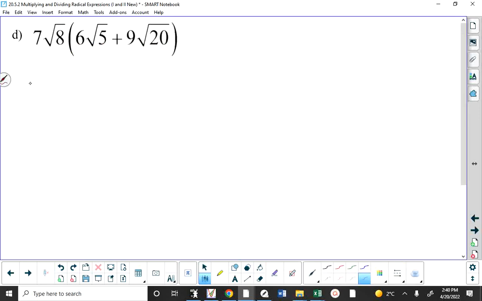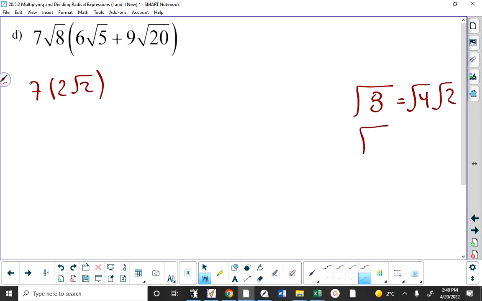So for example, root 8 is 2 root 2. I don't know how many times I'm going to have to do this before I finally say, oh, come on, we know that root 8 is 2 root 2. So I can simplify that.